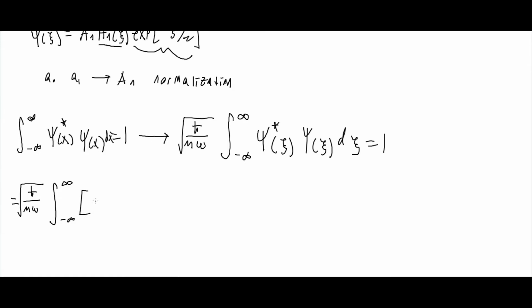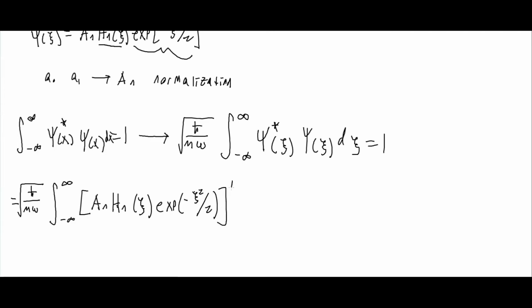And so then we have our first wave function here, which is the complex conjugate of a sub n, the nth Hermite polynomial, which is a function of xi, times our exponent of minus xi squared over 2.